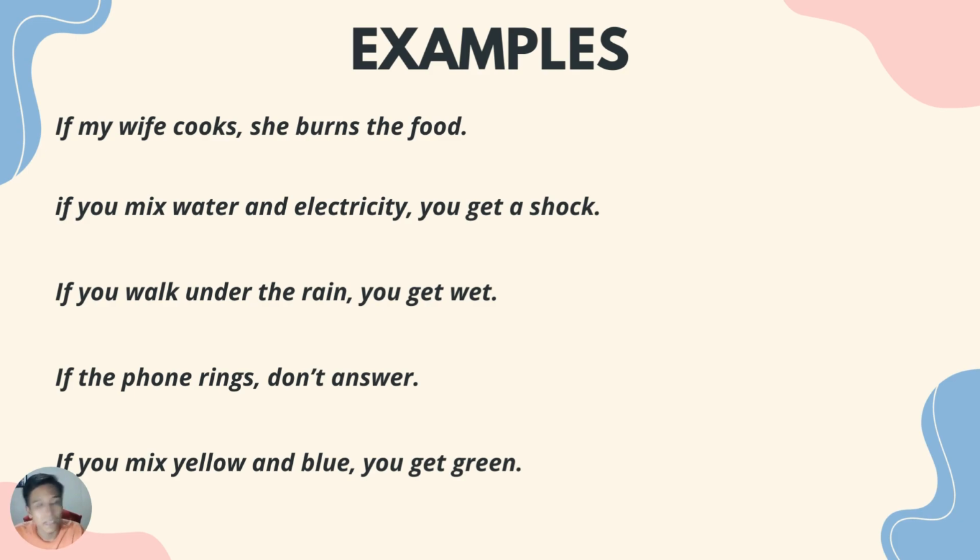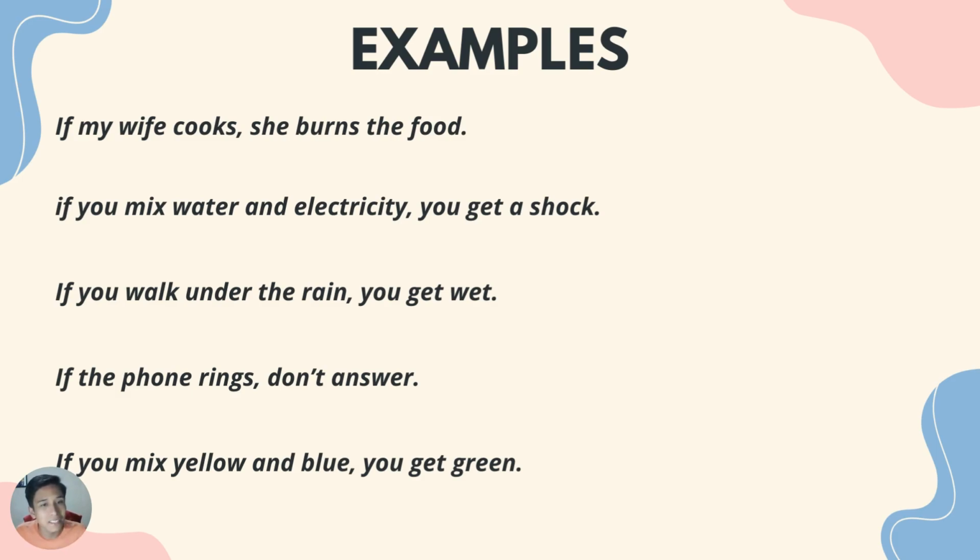Here we have the second sentence, which is if you mix water and electricity, you get a shock. This is actually a fact. It is a scientific fact, actually. If you walk under the rain, you get wet. It is not a fact, but it's something that we know is true.